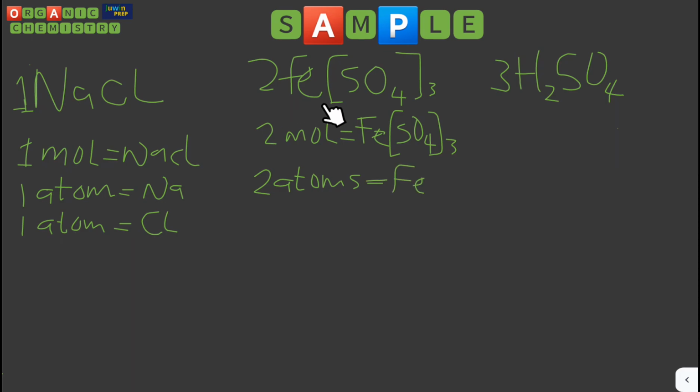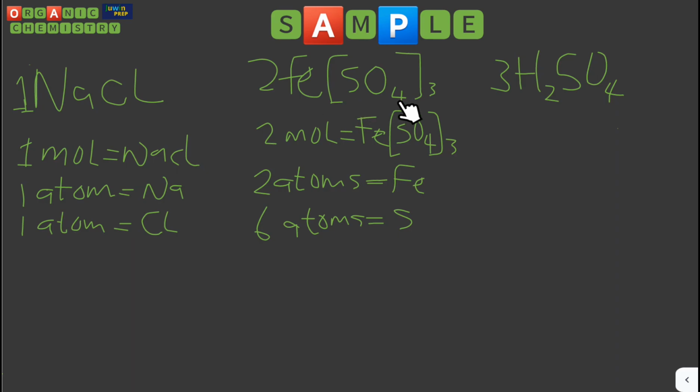Next, we have S, that's sulfur. So we say 3 times, there's an invisible 1 here. So we say 3 times 1 times 2. 3 times 1, 3. 3 times 2, 6. So we have 6 atoms of sulfur.